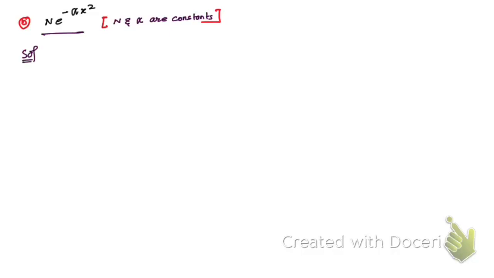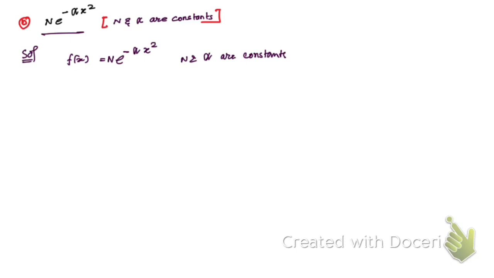So here the given function is function of x, don't write f of t now, we have variable x here, so f of x, n into e to the power minus alpha x square, where n and alpha are constants.